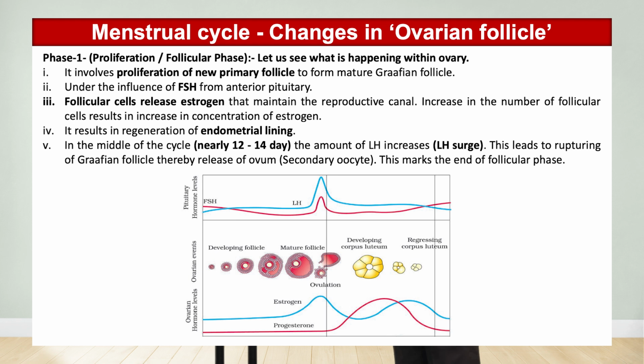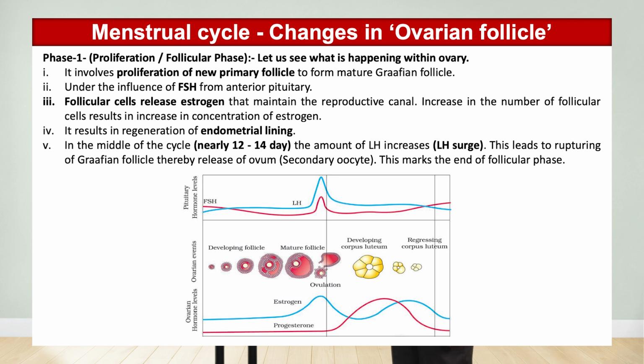The follicular cells that you can see here, they release estrogen that maintains the reproductive canal. Increase in the number of the follicular cells results into increase in the concentration of estrogen. It results into regeneration of the endometrial wall that we saw in the previous slide.